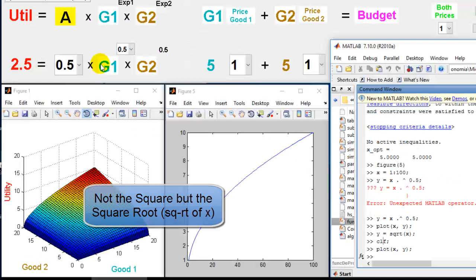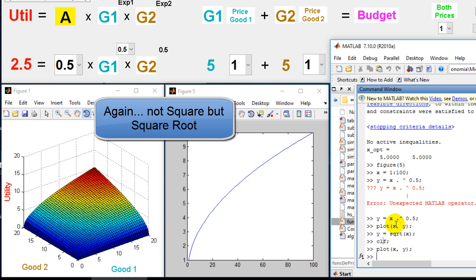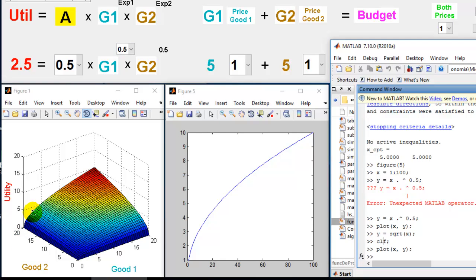Okay, so if here you take the point 0, 0, then you will get a 0 here, which is this point here. Now, if you take for good 2 the value 20, then the square root of 20 is a constant, so what you get is something like x to the power 0.5, which is the square root. So that's why for the value 20, when good 2 is constant at 20, you get this shape.